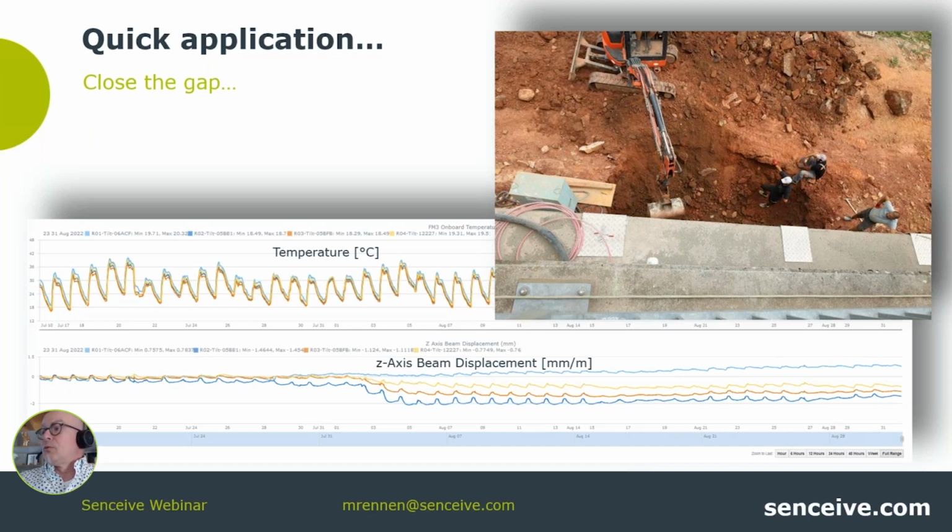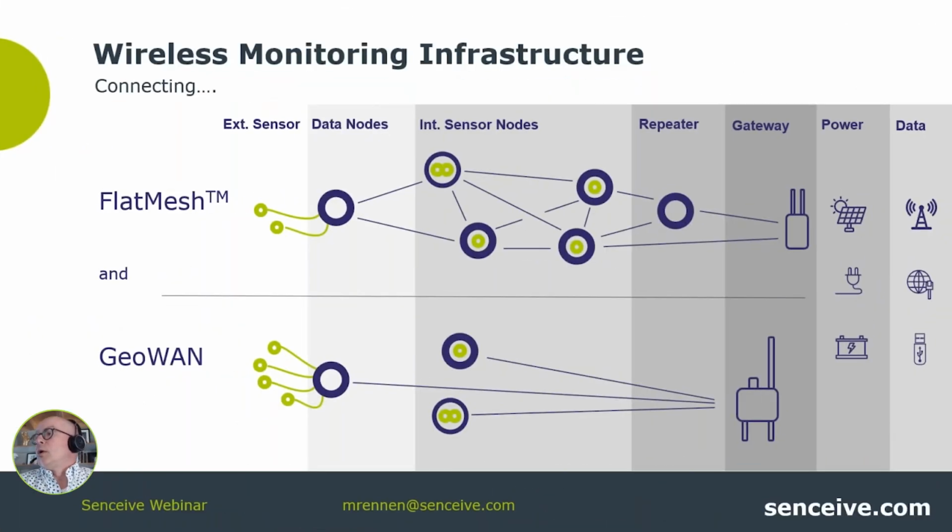In the case of the wireless situation, we have nodes that are communicating among each other and relaying the signal from one node to the other to some gateway and then to some monitoring platform. These nodes can contain internal sensors, like a tilt sensor, or multiple sensors like a tilt sensor, laser distance unit, temperature or so.